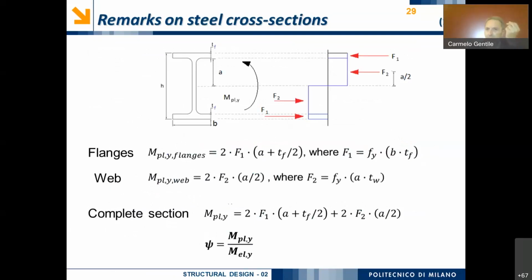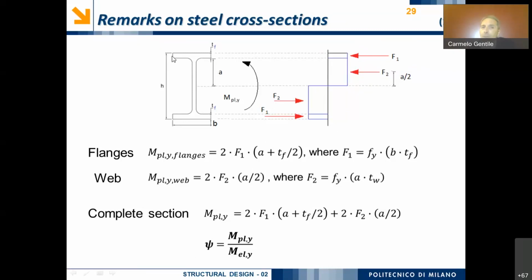So the other aspect is passing from the elastic behavior to the fully plastic behavior. For an I-beam, it's quite easy to evaluate the value of the forces corresponding to a fully plastic cross-section. These forces are very easy to compute because they are equal, of course, to the yielding stress times some area.